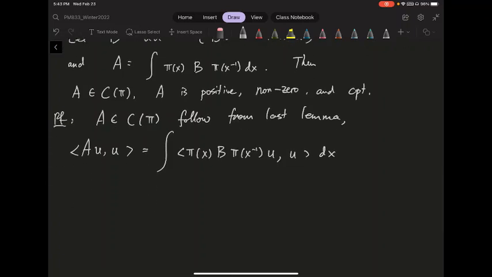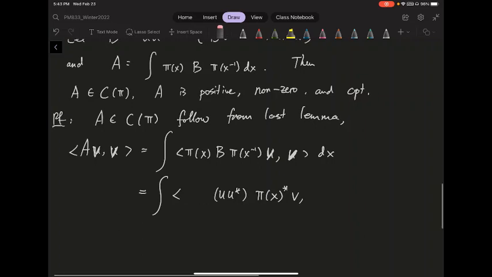So what is this? Well, I should probably use another letter because I already have a U here, so let's change it to V here. Okay, so what happens to this B is that this B is basically the operator UU star, so I have the pi x, UU star, and then I have the pi x inverse, which you can think of as pi x star, applied to V. And then let's just move this pi x to the other side.